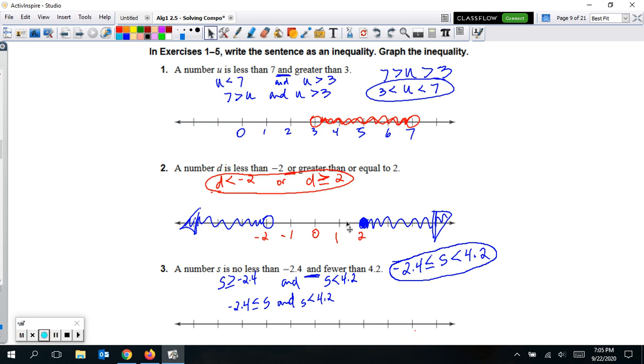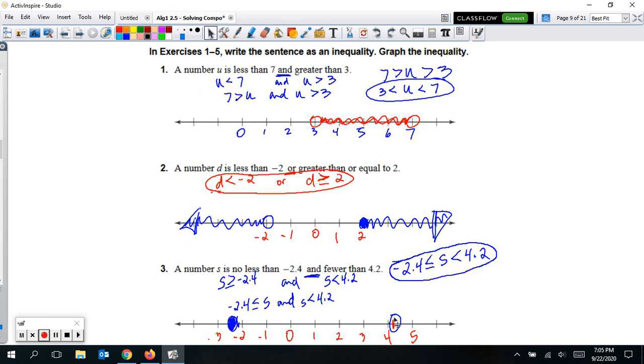So we're just going to go to our graph now at this point. Let's put some numbers on the graph. So I need to go from negative 3 to basically negative 5 to include these numbers. So if I put some numbers down here, negative 2.4 is going to be in between negative 2 and negative 3, a little bit closer to negative 2 though. And then the 4.2 is going to be pretty close there to 4.